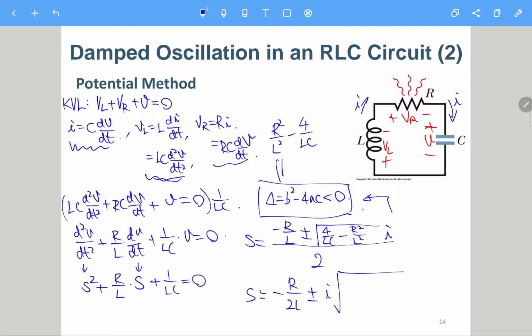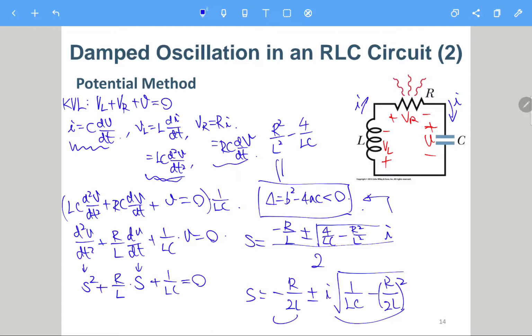So we have 1 over LC minus R over 2L, the whole term squared. Something like this. So these are the roots for the characteristic polynomial. This is the real part, and this is the imaginary part.